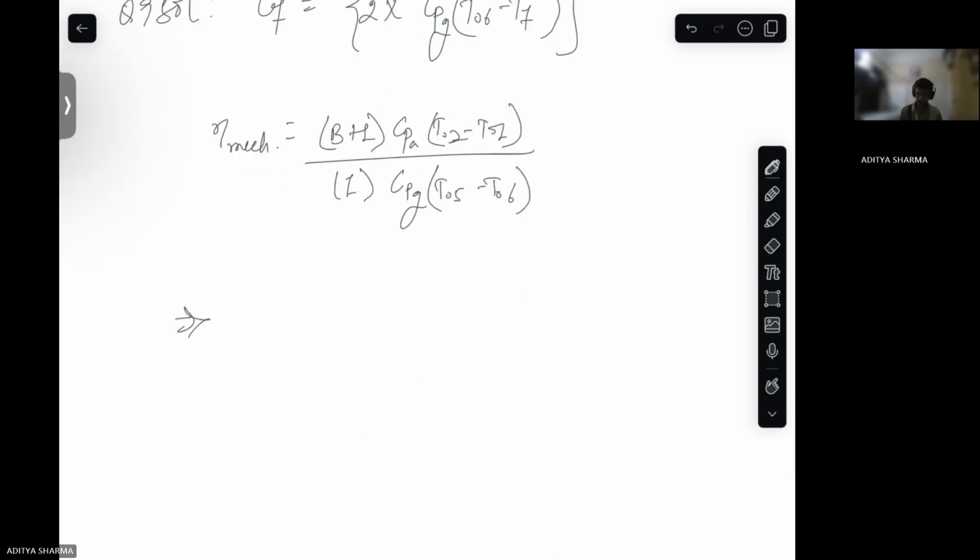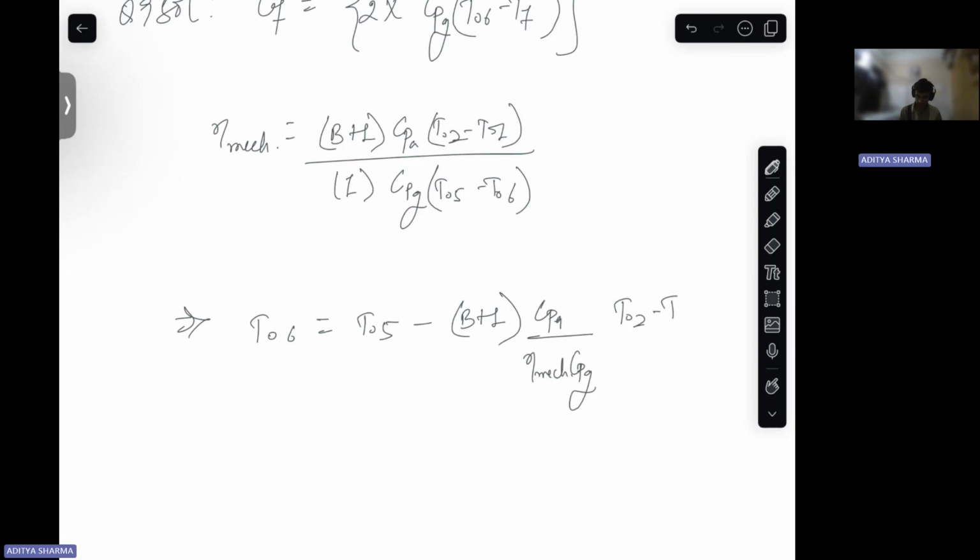From here we can find out T naught 6: T naught 5 minus b plus 1 CPA by n mechanical CPG, T naught 2 minus T naught 1.